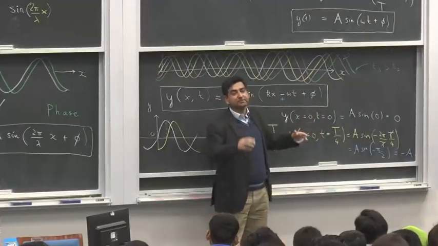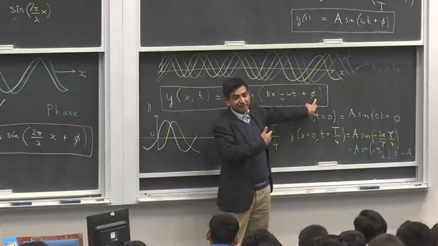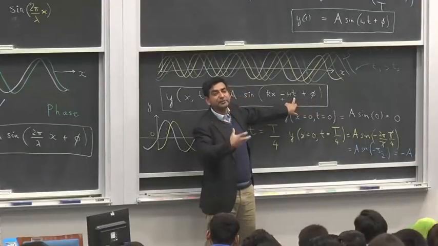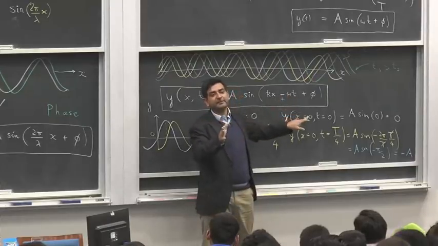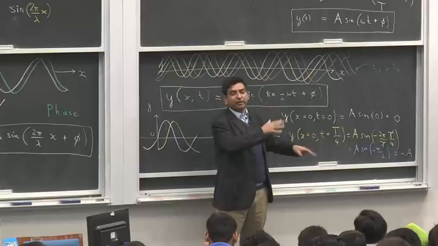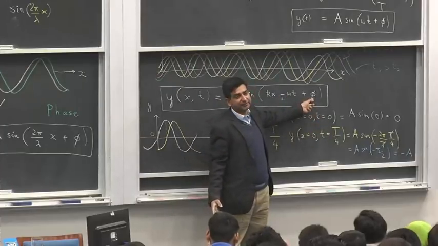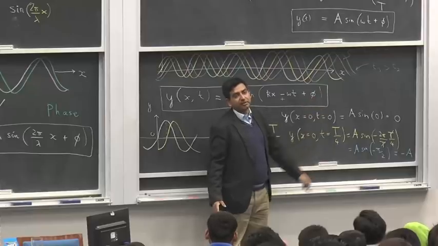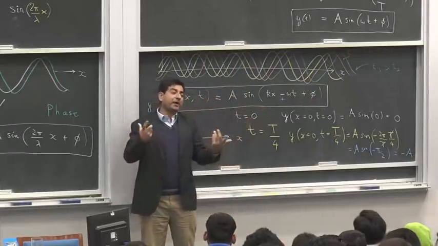One is just a background reference phase. This is the choice of the origin. This is the phase that comes out because of the temporal progression. This is the phase that comes out because of the spatial propagation. Okay, all three of these are phases. It's just that this is a reference phase, a fiducial phase. Alright, so this is the mathematical form for a wave.